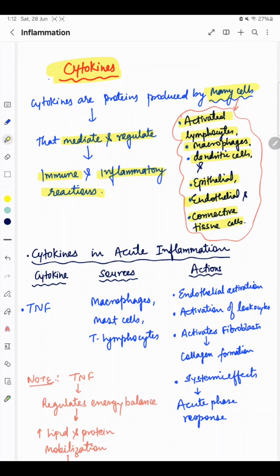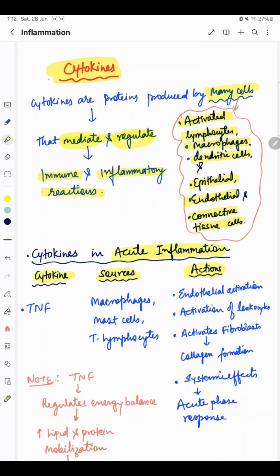Cytokines mediate and regulate the immune and inflammatory reactions.